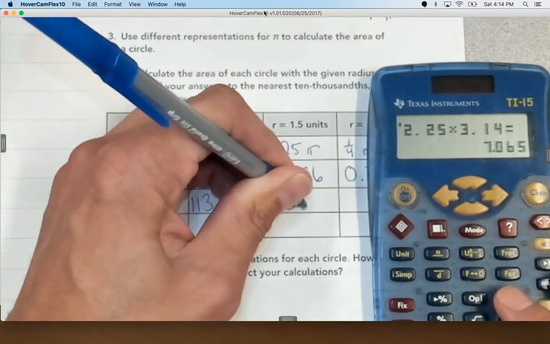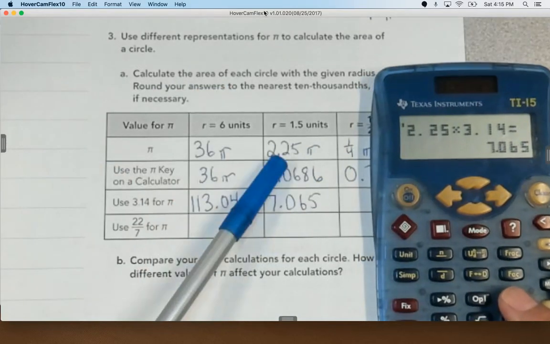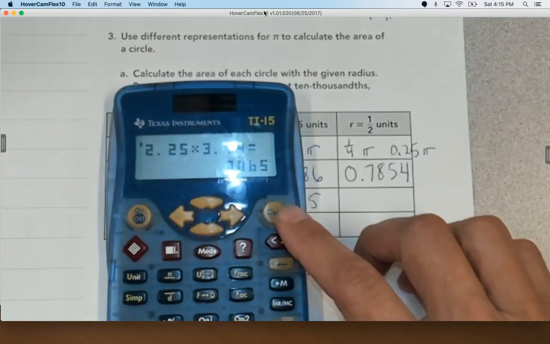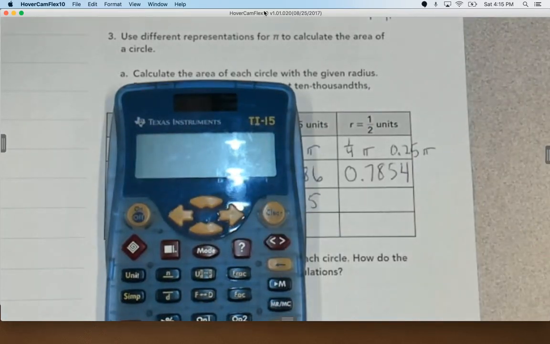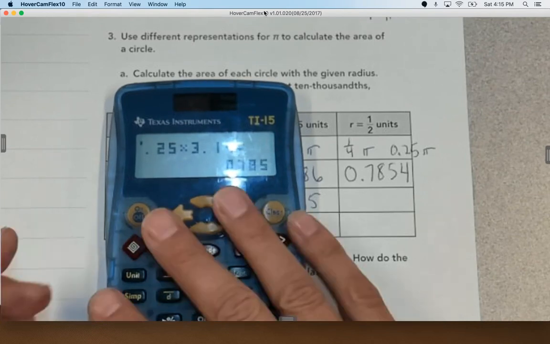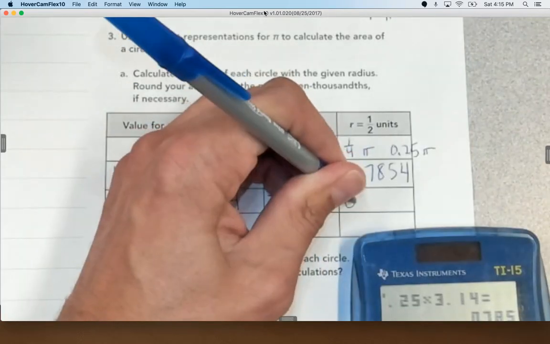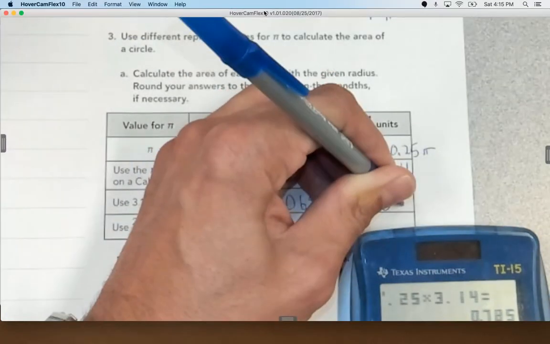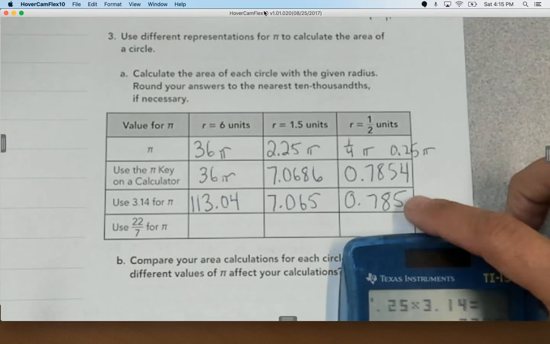This one's a little lower than the pi key. Then the next one is 0.25 times 3.14, and that is 0.785. That one's a little bit lower than when I use the pi key.